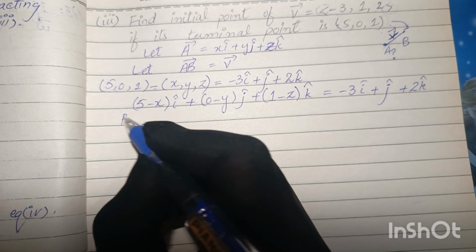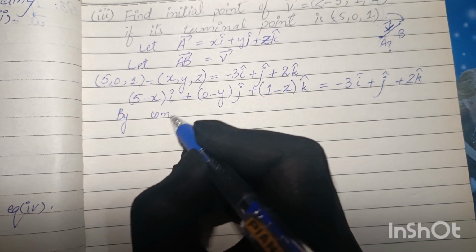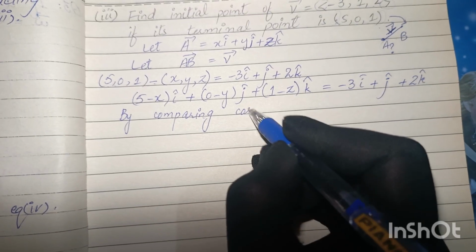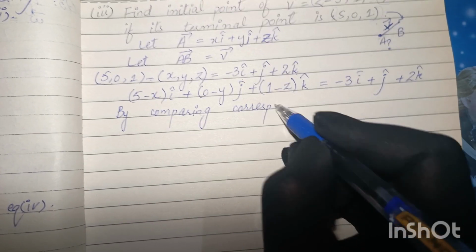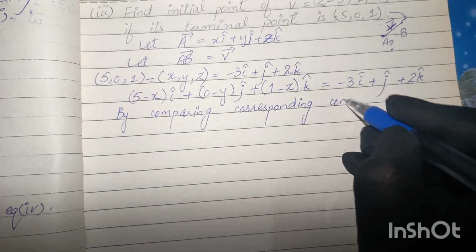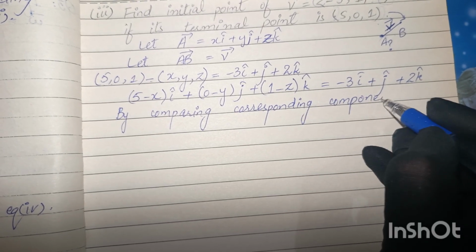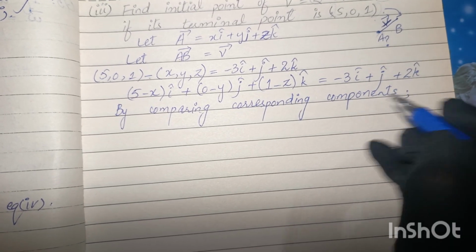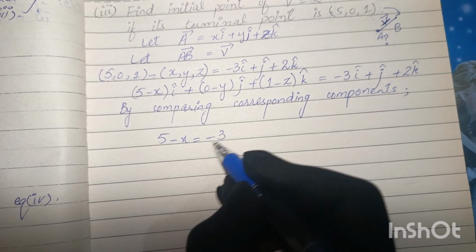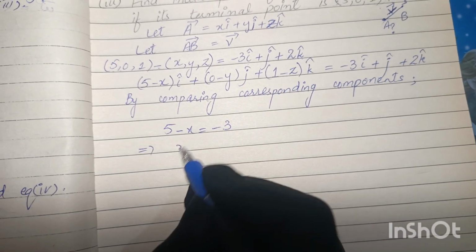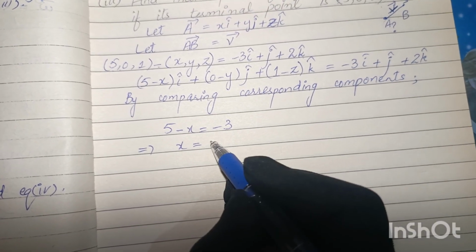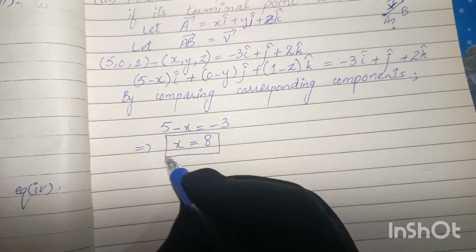By comparing corresponding components, we get the value of x, y, and z. First component will be 5 minus x is equal to minus 3, which implies x is equal to 5 plus 3, which is equal to 8.